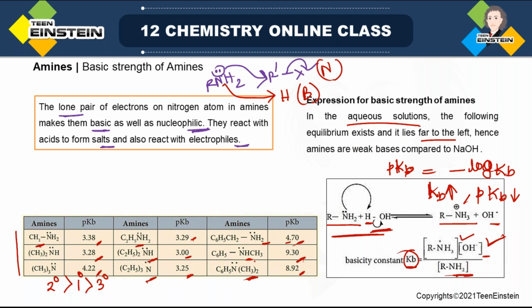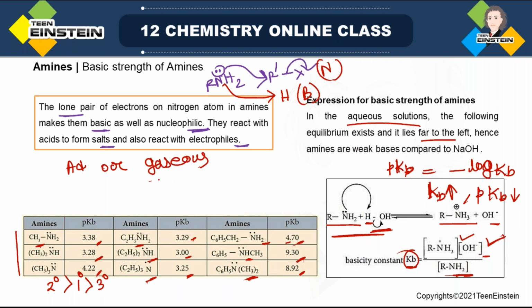Now different factors are related when you try to find an explanation for this order of basicity. Total 3 factors are there. But you also have to be clear about whether you are comparing basicity in aqueous medium or in gaseous phase.